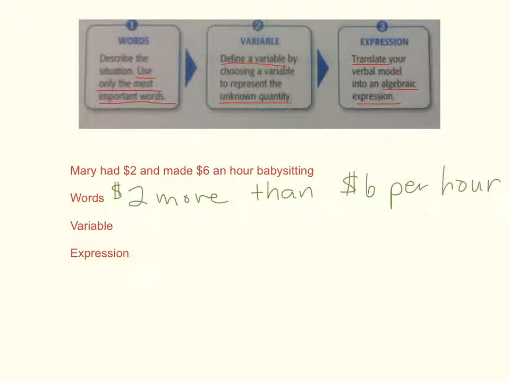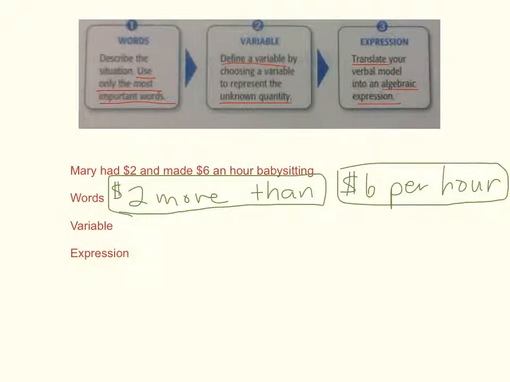Now we've turned it into words. And I know it looks exactly the same as what it said first, but work with me here. As we're looking at these, break them into sections. The 2 more than represents one mathematical operation, and the $6 per hour represents a different mathematical operation, so try not to confuse them.